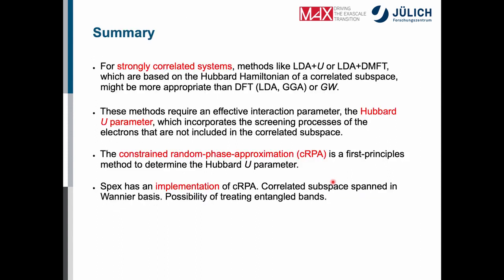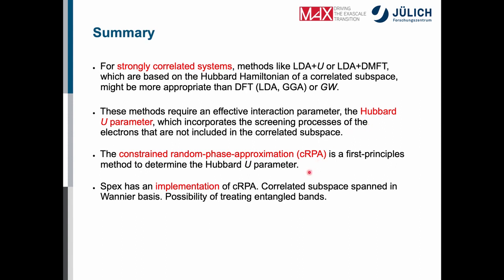To summarize, for strongly correlated systems, methods like LDA plus U or LDA plus DMFT, which are based on the Hubbard model in a correlated subspace, might be more appropriate than density functional theory or GW. These methods require an effective interaction parameter, the Hubbard U parameter, which incorporates the screening processes of the electrons that are outside the correlated subspace.